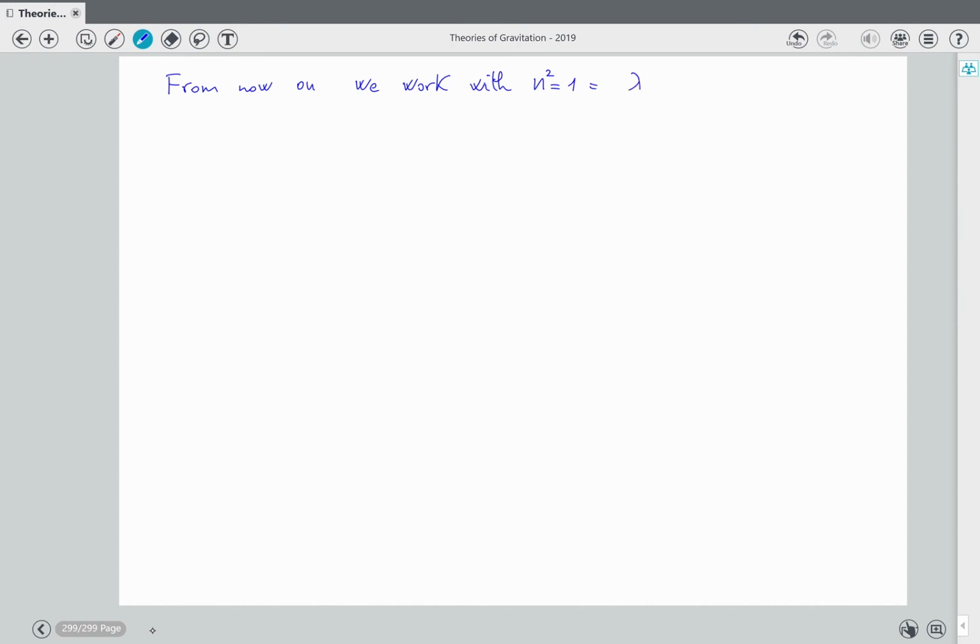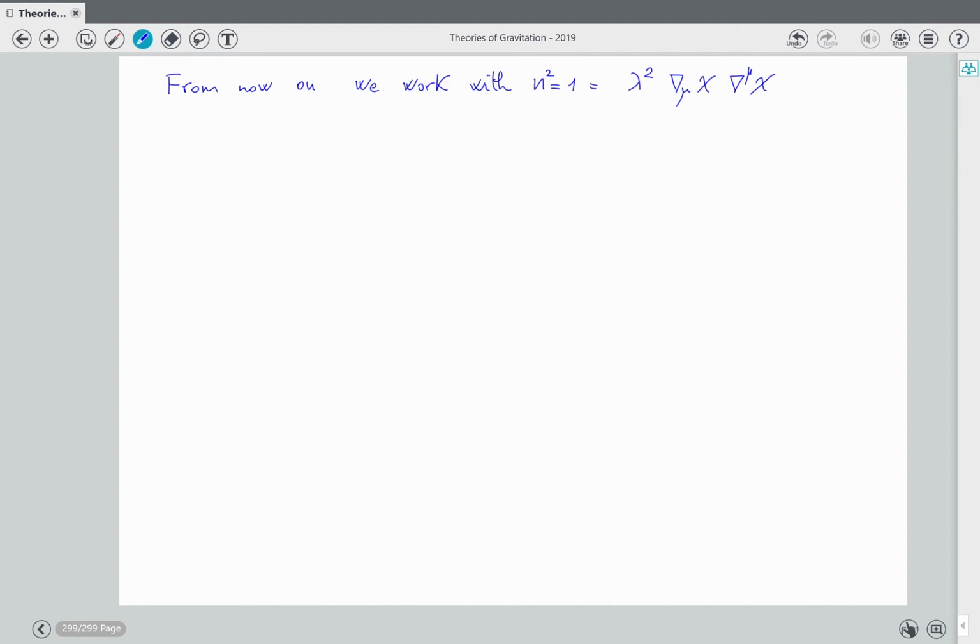So this will be lambda squared del mu chi del^mu chi. That will be equal to 1. So we have defined the metric of the submanifold.